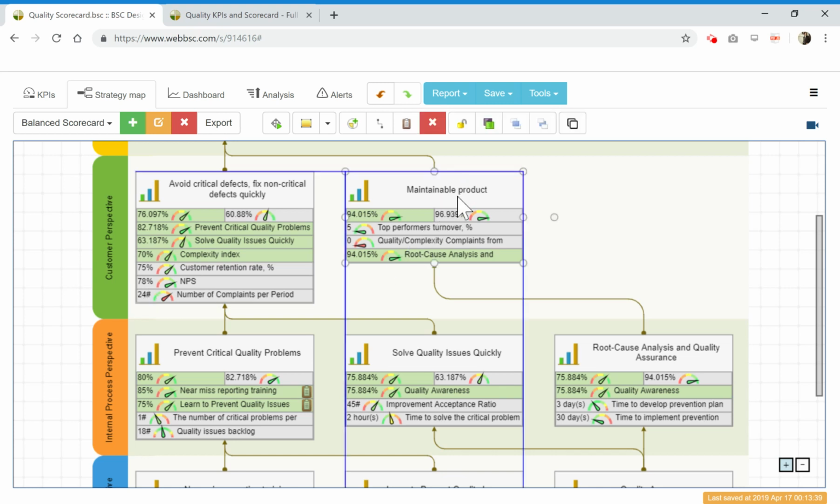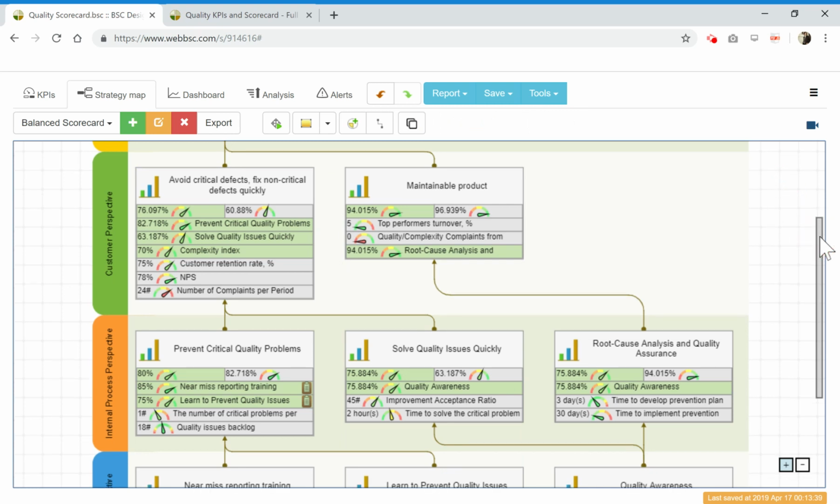Okay, a maintainable product. Who needs this? Do you think customers need this, or our team needs this? I believe that both need this, but primarily the maintainable product is what our team needs. Why? Because if the architecture of the product is not good enough, eventually you will see here, top performer turnover, that more people are leaving your organization.